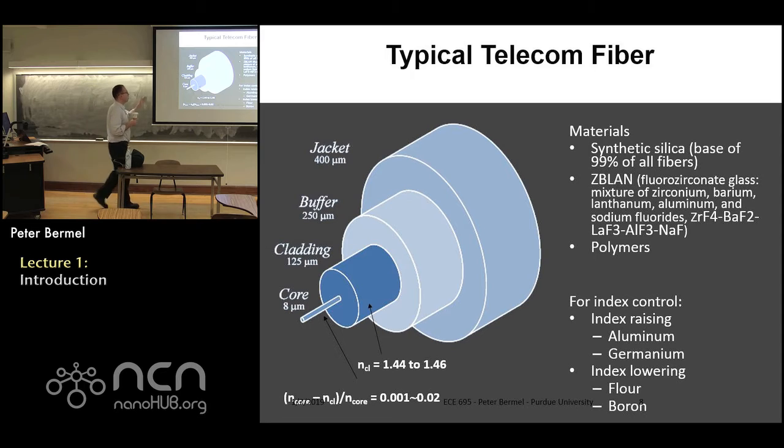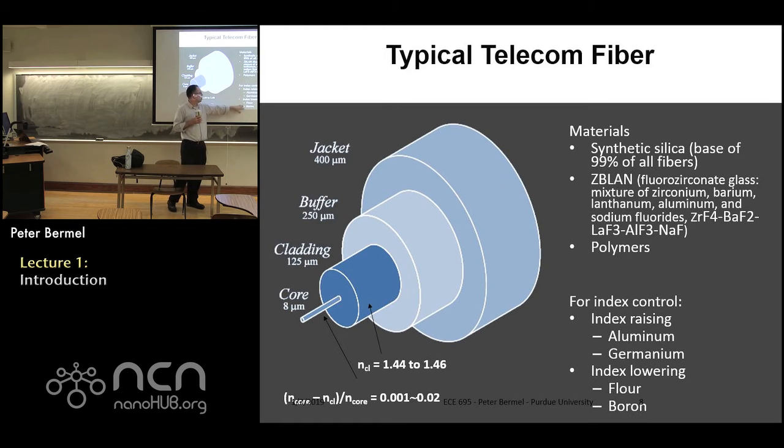So the next question is, how do we achieve this small difference in core and cladding index? There are a few different ways. For raising the index, typically we can dope glass with small amounts of metals or semi-metals like aluminum and germanium. Lead is an option as well, but it's more toxic, so it's not as appealing.